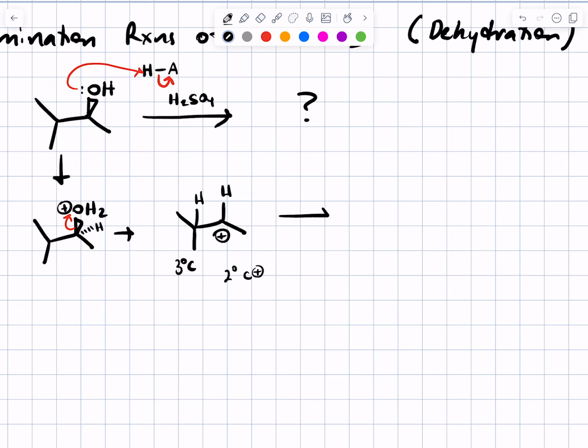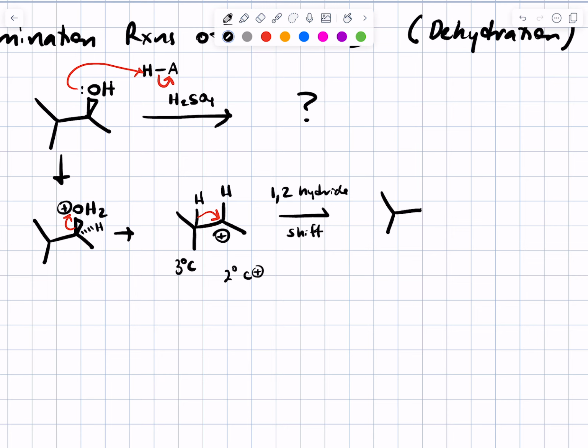So if I do a 1,2 hydride shift, all I need to do that is a single arrow. This hydrogen on the tertiary carbon leans over, takes its electrons, and attaches to the carbon that was the secondary carbon.